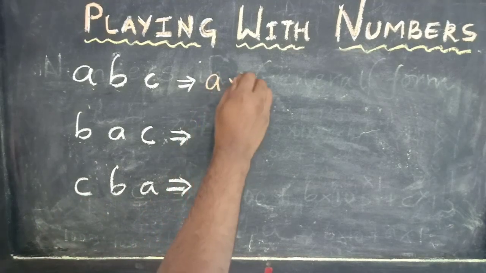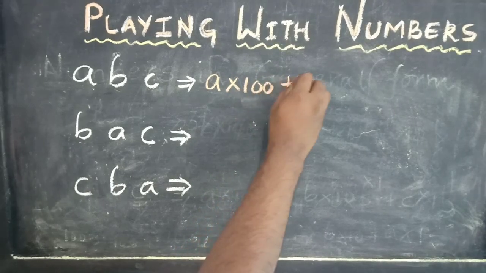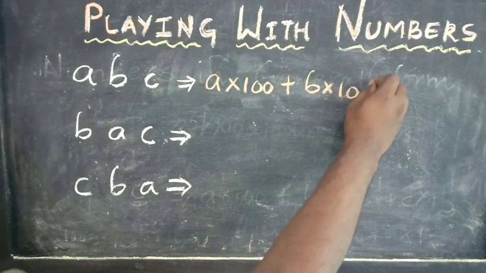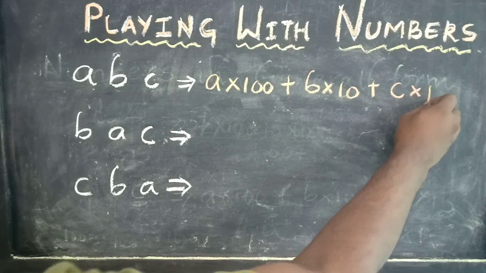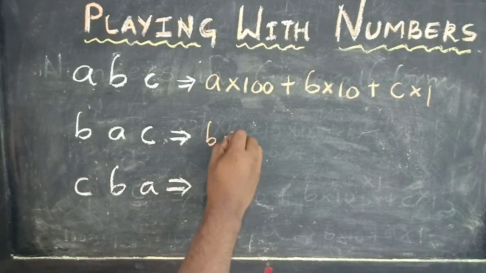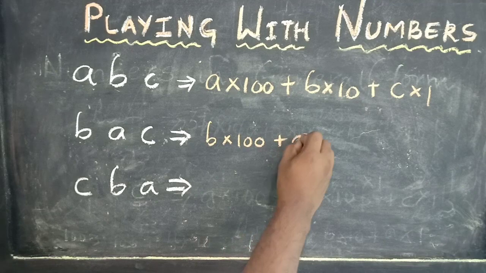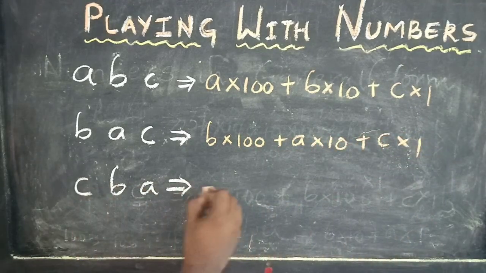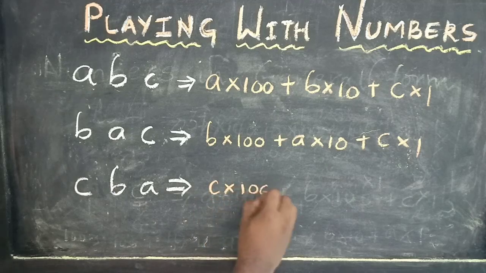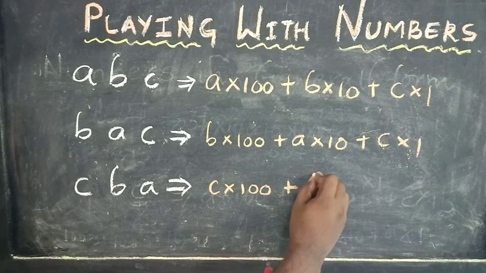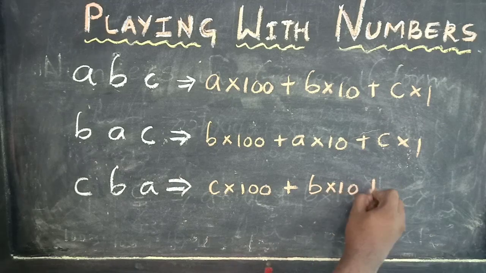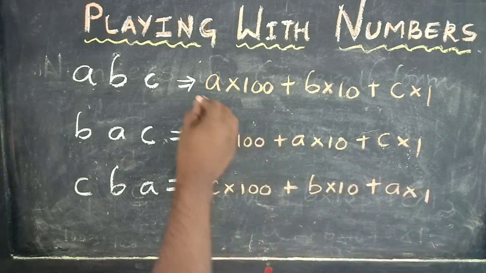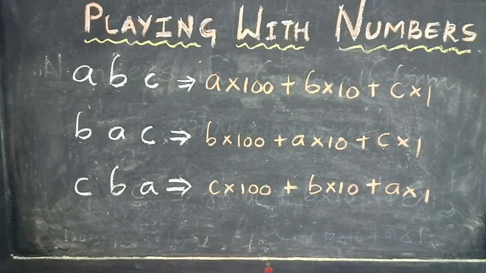I can write it as A times hundred plus B times tens plus C times 1. Here B times hundred plus A times 10 plus C times 1. In the third example, C times 100 plus B times tens plus A times 1. This is how we generally express numbers in the general form.